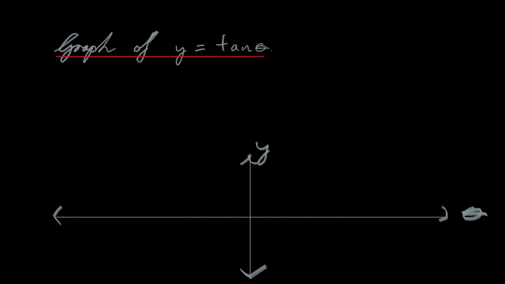The theme of this video is basically going to be, I'm going to have this set of axes here, a theta-y axis, theta for the horizontal axis, y for the vertical axis. And all I'm going to do is a bunch of reasoning, collecting information, which gives me hints about how the graph of y equals tan of theta must look.